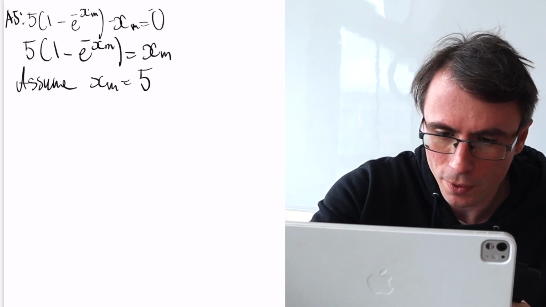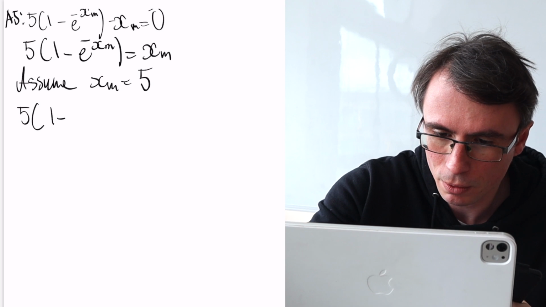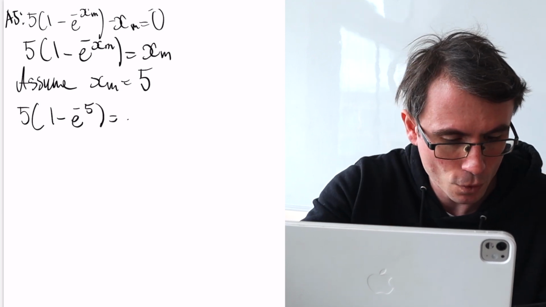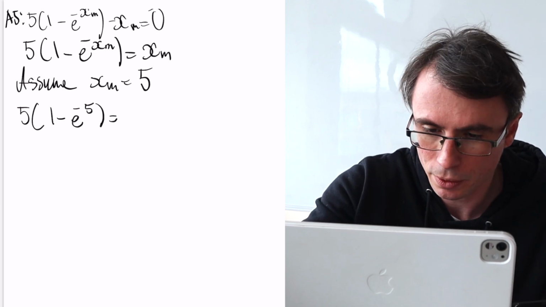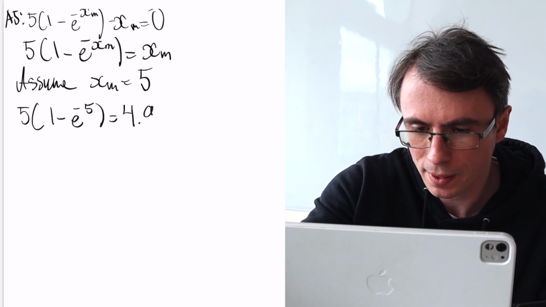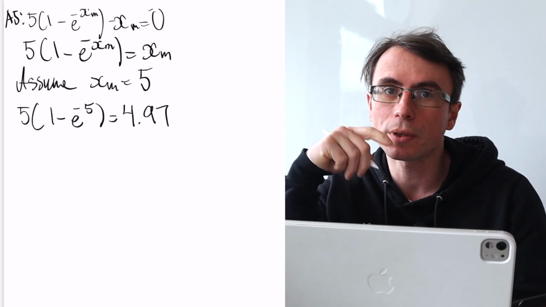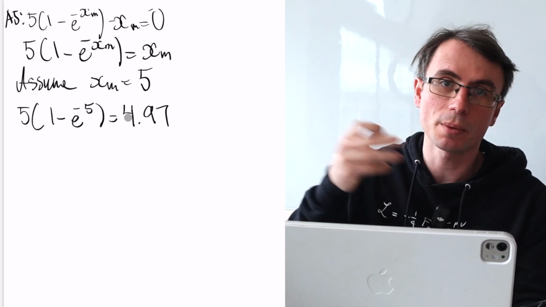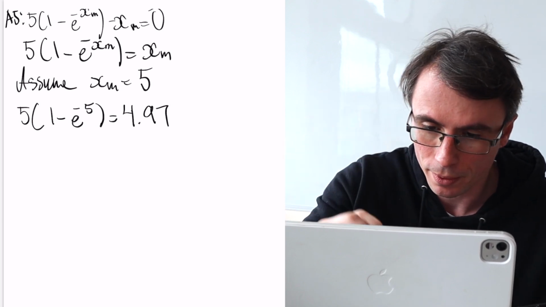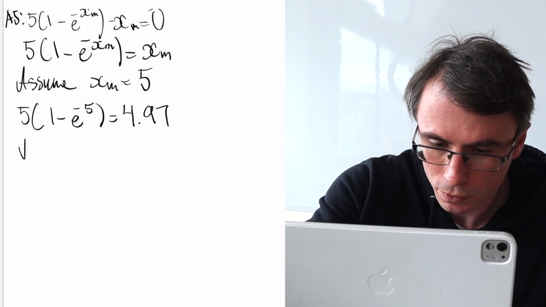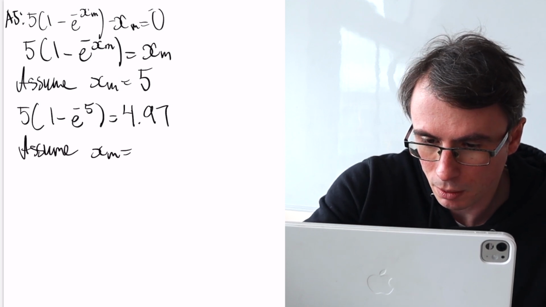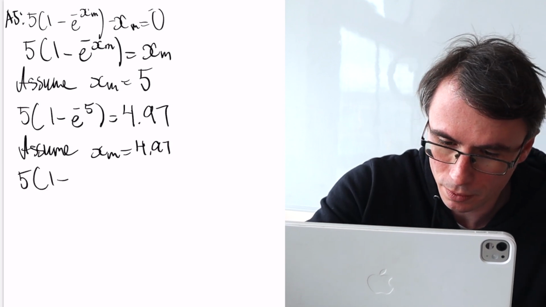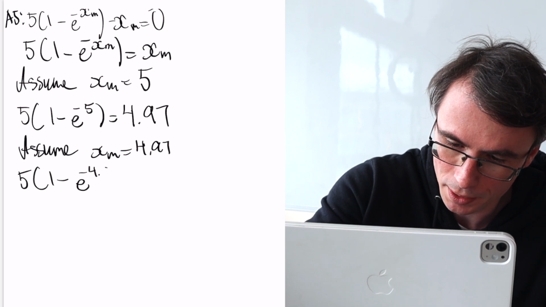So then we'll just do 5 times 1 minus e to the minus 5. And what does that give us? This here gives me 4.966, so let's call it 4.97. Now, in this iterative method, this here then becomes your guess, and then you keep going until you find more and more digits. So then we are going to assume xm is equal to 4.97, and then we do 5 times 1 minus e to the minus 4.97.